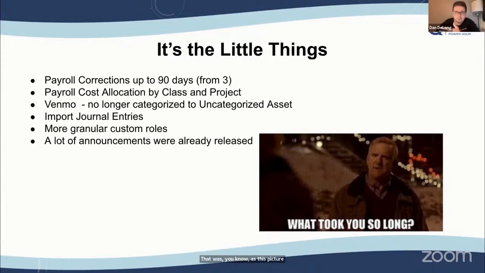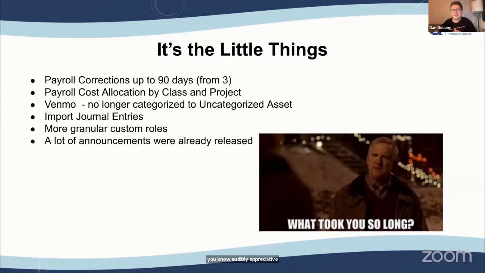It's like, what took you so long to do these things? Payroll correction went from a 3-day window to 90 days. Like, okay, it took that long to expand that window, and people were audibly appreciative of that.